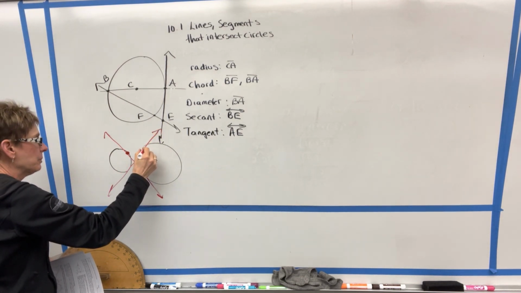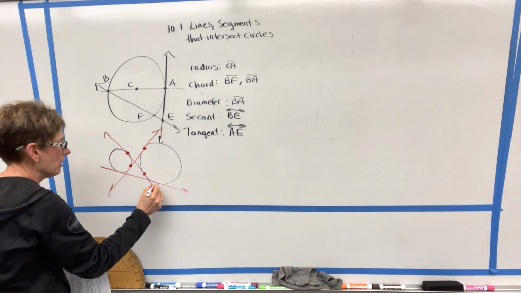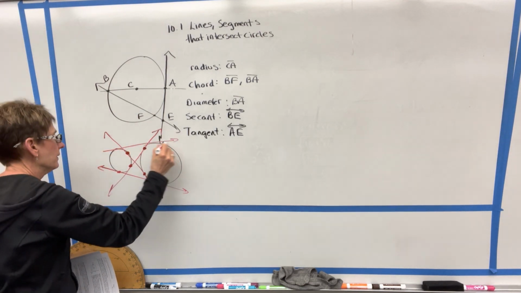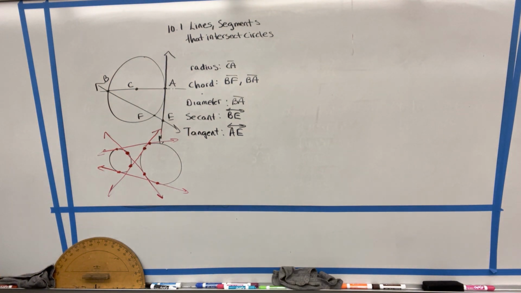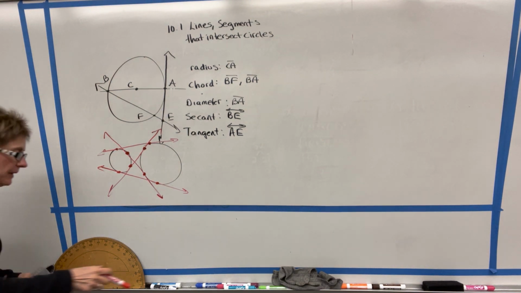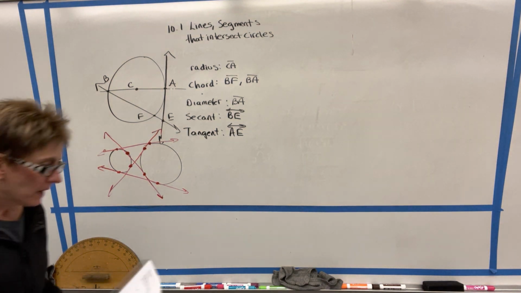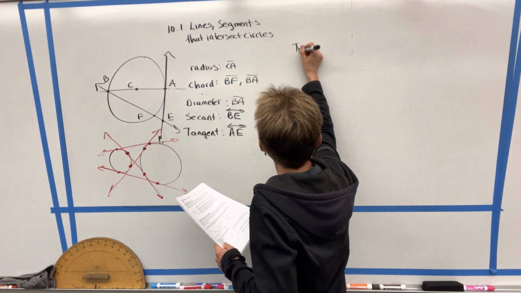This would be an example of a common tangent, and then there would actually be 2 more common tangents. This line here and that line there. So we can have a tangent to 1 circle, and then we can have a common tangent that is there for more than 1.